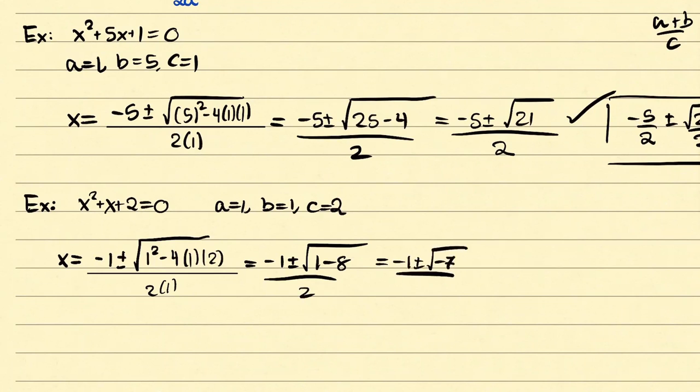And now I've run into a problem. I have a negative square root. And like we've discussed, a negative value under an even square root is an issue, because there's no two equal terms that I can multiply together in order to get -7, because for them to be equal, they have to have the same sign.